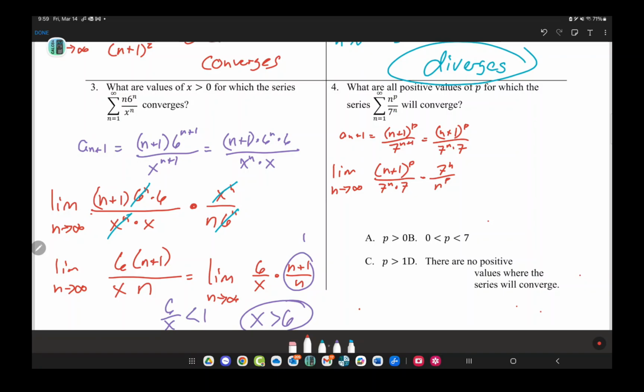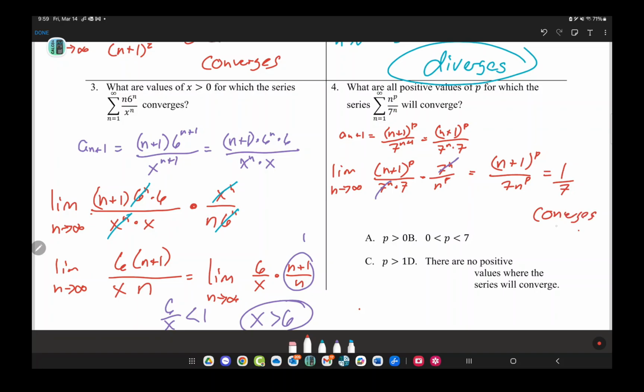So in this case, that cancels. I get n plus 1 to the p value over 7 times n to the p value. Now, that means that no matter what p is, this ratio is going to go to 1 over 7, which means this converges.